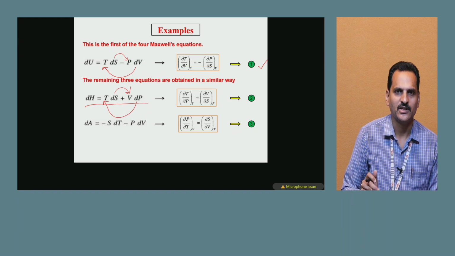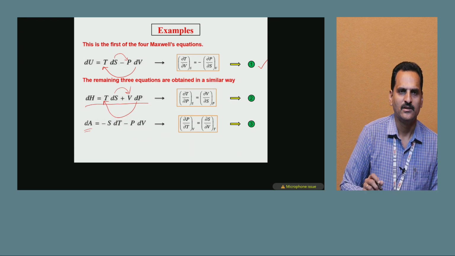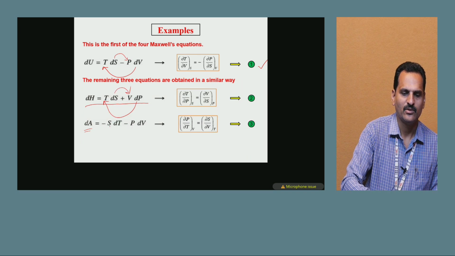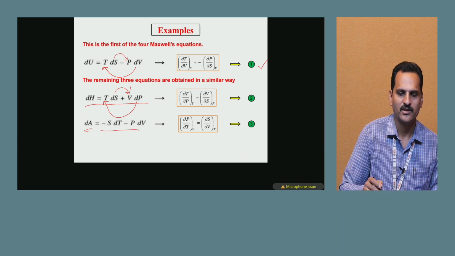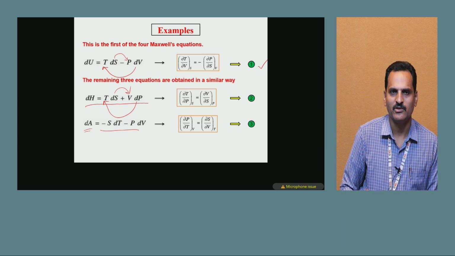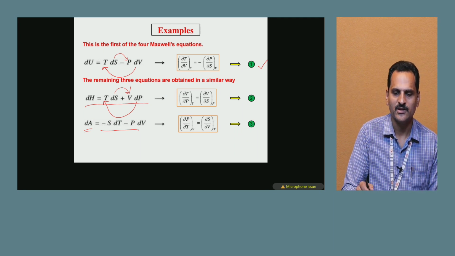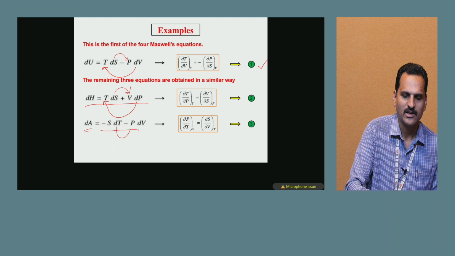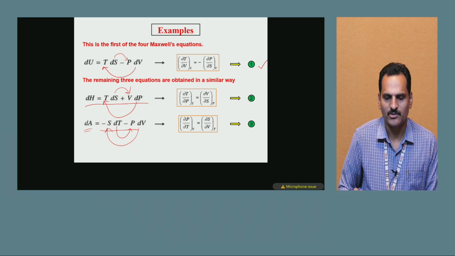Similarly, what is the third Maxwell equation? It is the work function, or Helmholtz free energy equation. This is derived in terms of entropy, temperature, pressure and volume, right? This is what was derived as the third fundamental property equation in the previous class. Let's convert this equation into a Maxwell equation. So ∂P/∂T can be written as ∂S/∂V.